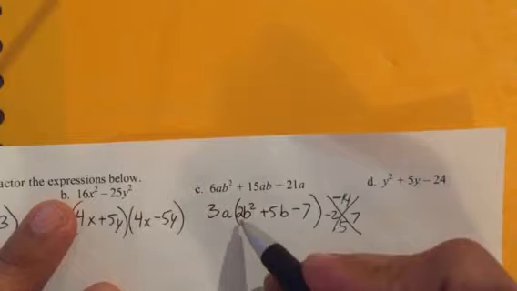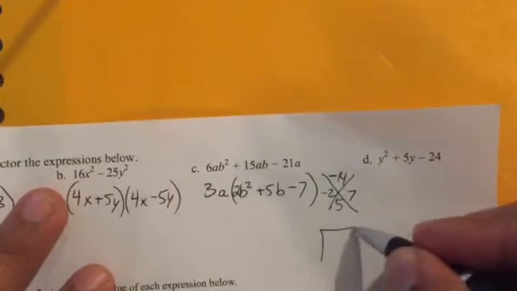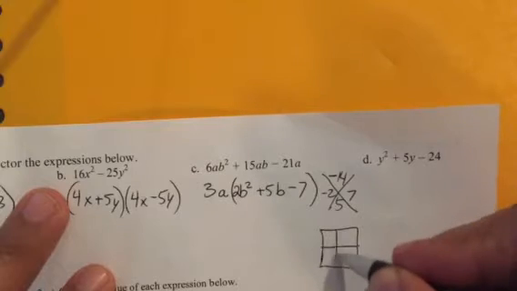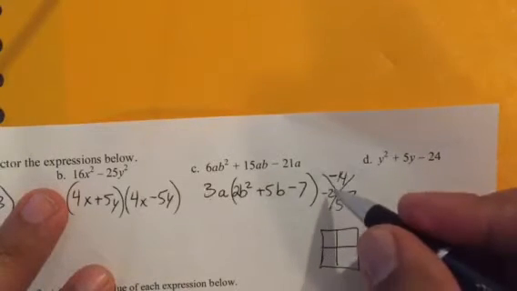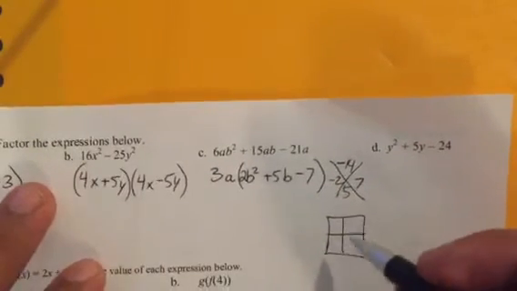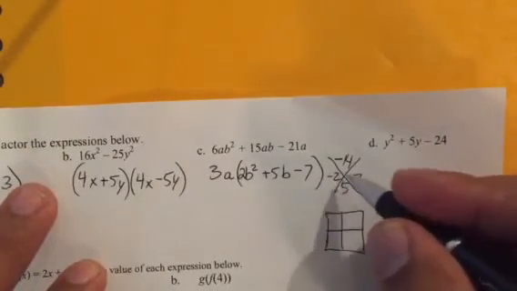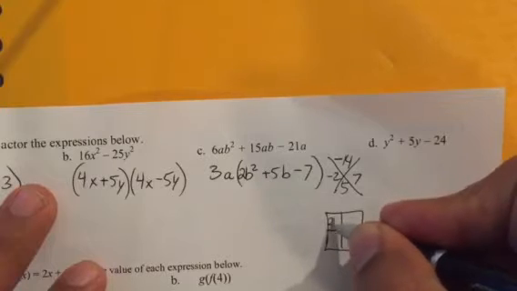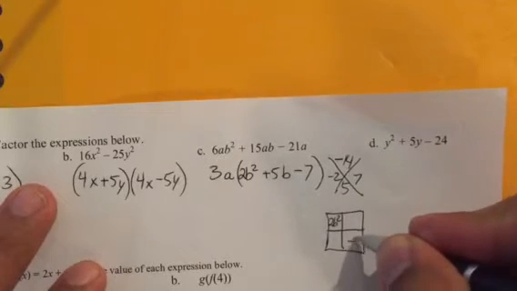So the next thing is, because I have a coefficient of 2, I need to go to the area model. The only time you don't have to go to the area model after the diamond problem is when you have a coefficient of 1. But anything other than that, you're going to have to use the area model after you find these two numbers. So now I have 2b squared plus 7b minus 2b, and minus 7.